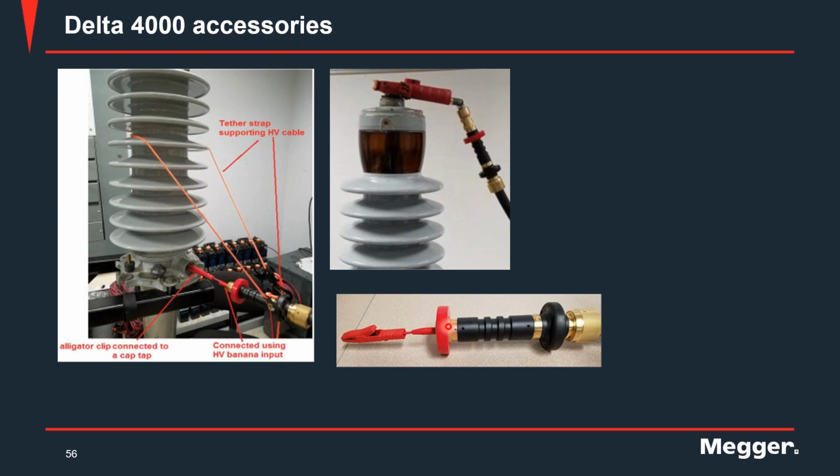Also, the termination has a banana plug on it. So with that, you can connect this little connector, and with this connector, you can make a safe and solid connection on the test tap of the bushing. To make sure that this doesn't slip from the test tap under the weight of the cable, we also provide a string which you can run around the petticoat of the bushing, and that supports the cable.